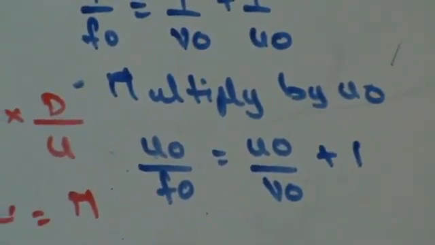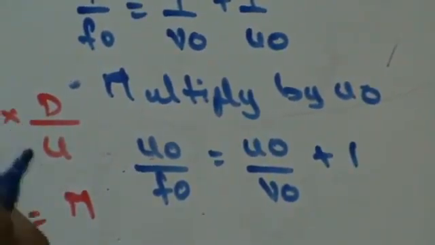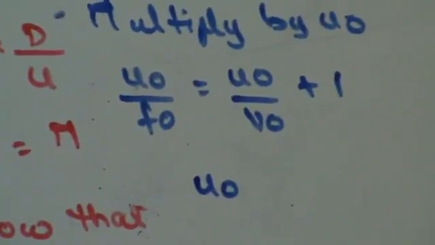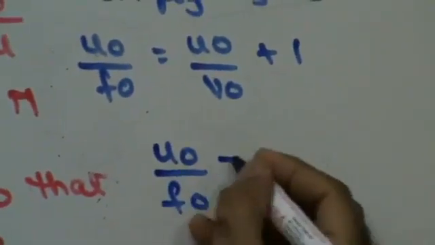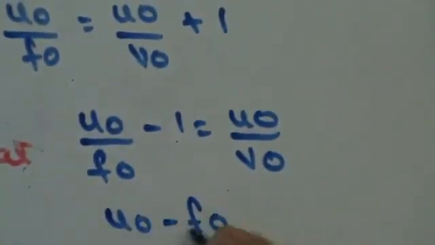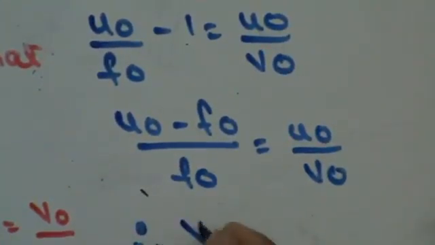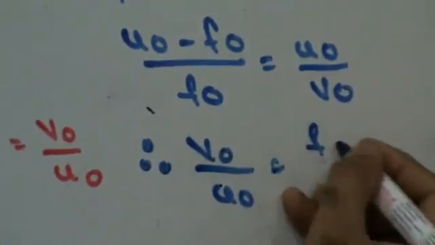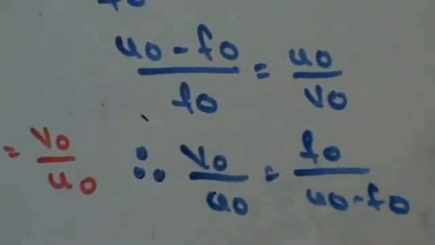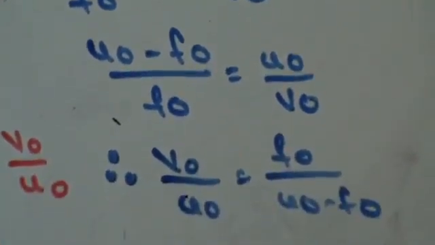In which case I can say that u0 upon f0 minus 1 is u0 upon v0. So u0 minus f0 upon f0 is u0 upon v0, in which case V0 upon U0 is F0 upon U0 minus F0. I am reciprocating. So I've got the value of V0 upon U0.